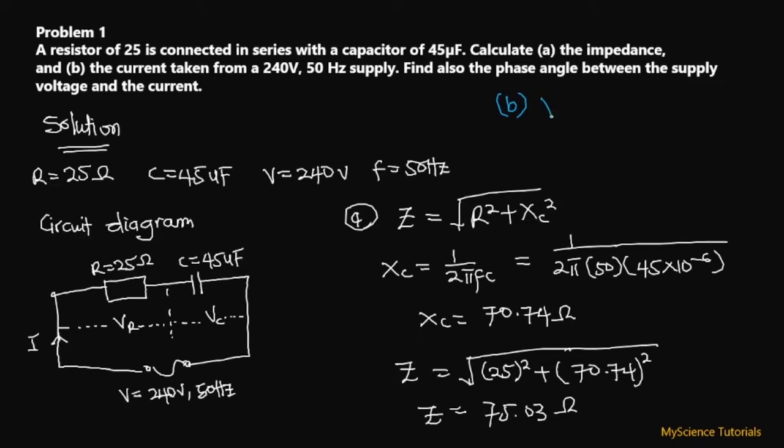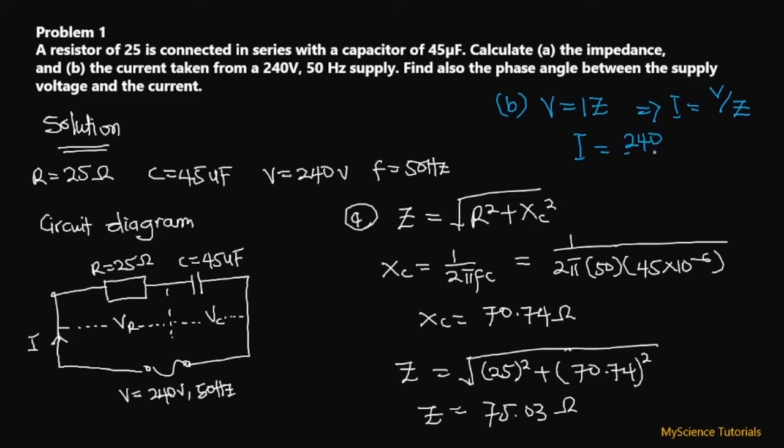So we know that the applied voltage is equal to current multiplied by the impedance. So if we want to find our current, which is I, we need to divide both sides by Z, the impedance. We are going to have applied voltage over the impedance. That will give us our current. So our applied voltage has been given to us to be 240 volts.